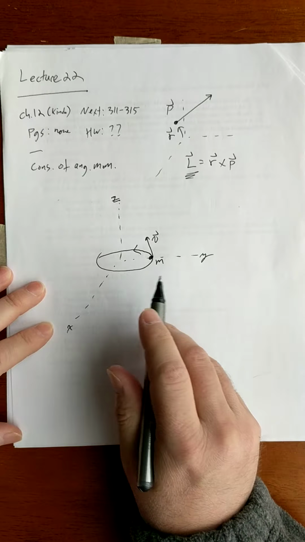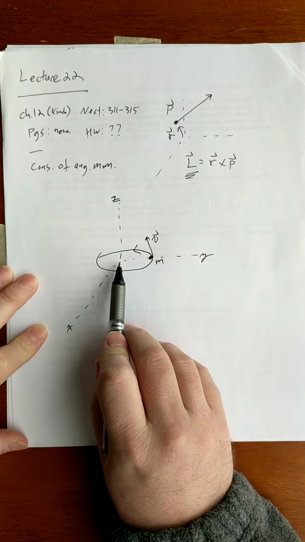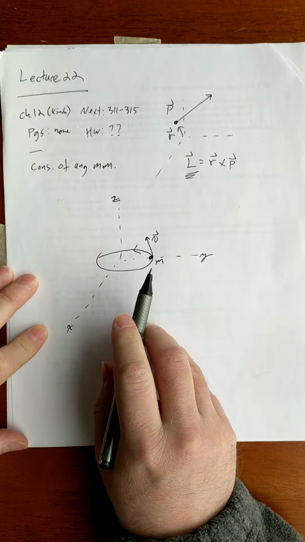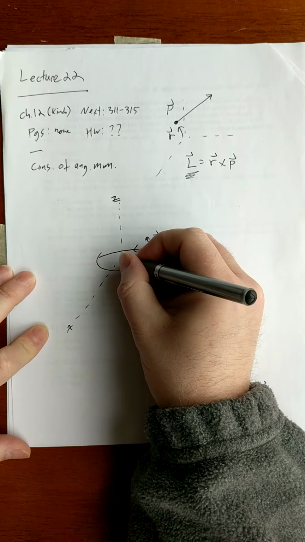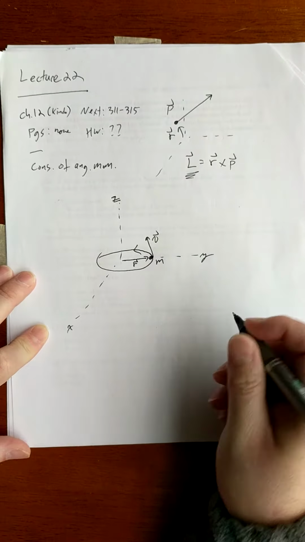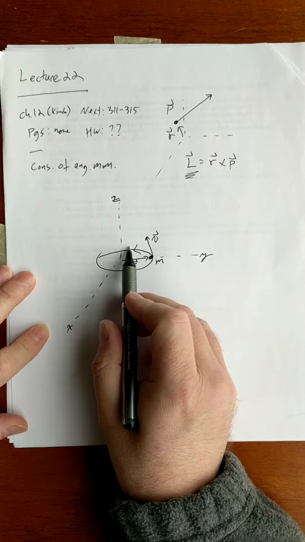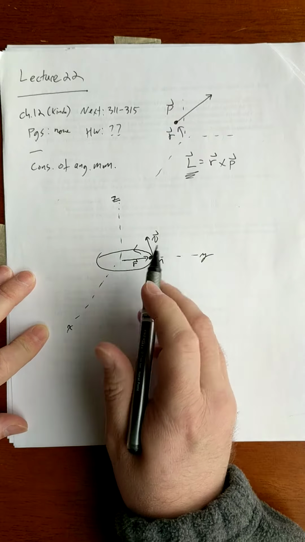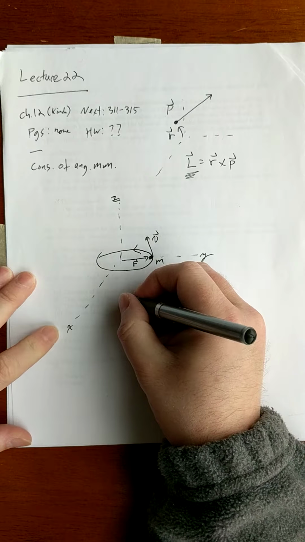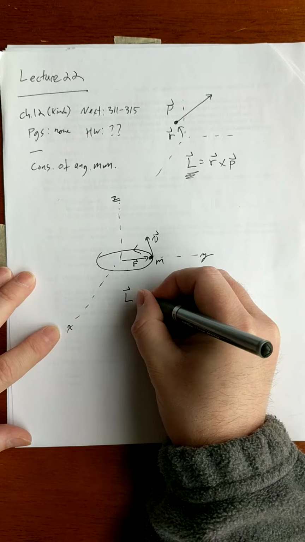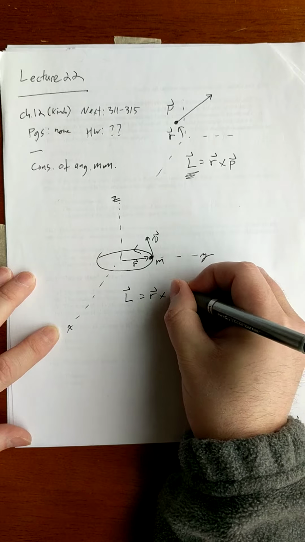If it's not clear, the origin should be at the center of this orbit. Again, I'm not very good at drawing. And we have some r vector that points to that particle. Of course, that r vector and that v vector are going to change with time. But we'll see how we get a simplification for angular momentum in the case of this orbit.